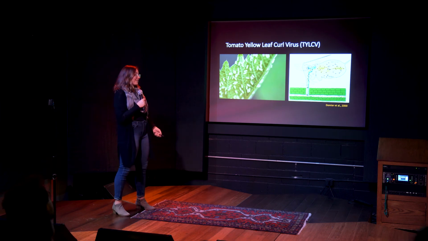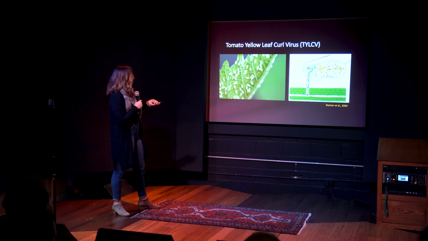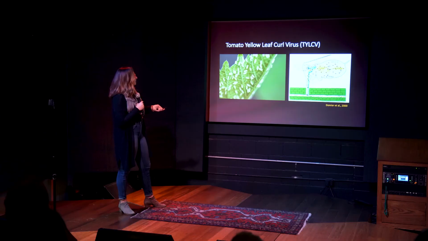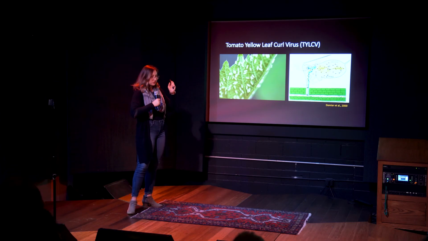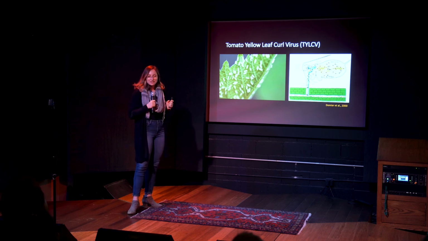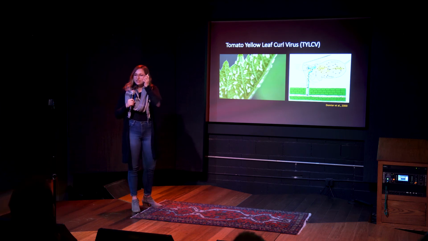Free sugar. I want that. So it sticks its little nose. I don't know as much bug terminology as the last speaker. She did a really great job, but I'm a plant pathologist, so it's the nose. It sticks its little nose into the phloem and starts taking up all these sugars, and with it, it takes up viral particles, because this is how the virus is transmitted through the plant.